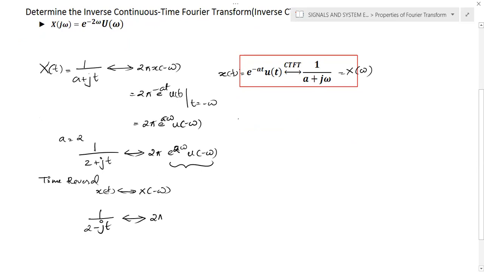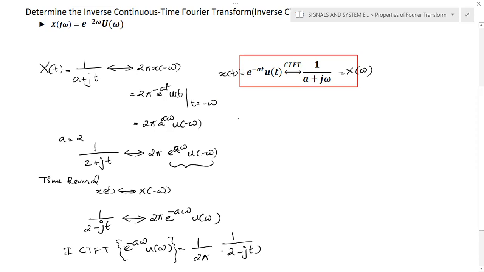That is 2 pi e raised to minus a omega into u of omega. So from this particular result, we can conclude that the inverse continuous time Fourier transform of the signal e raised to minus a omega into u of omega can be written as 1 by 2 pi into 1 by 2 minus j into t.